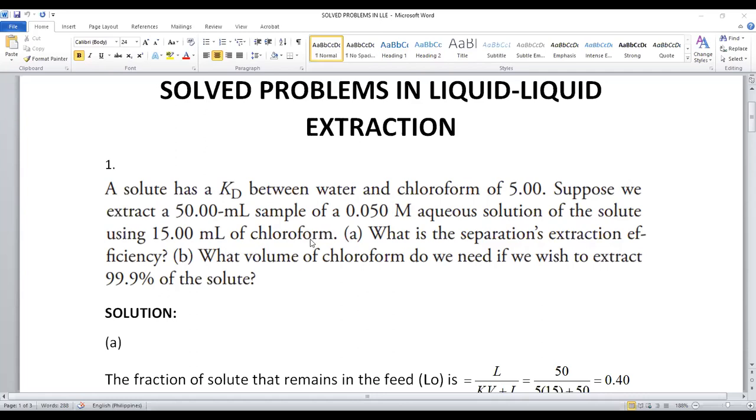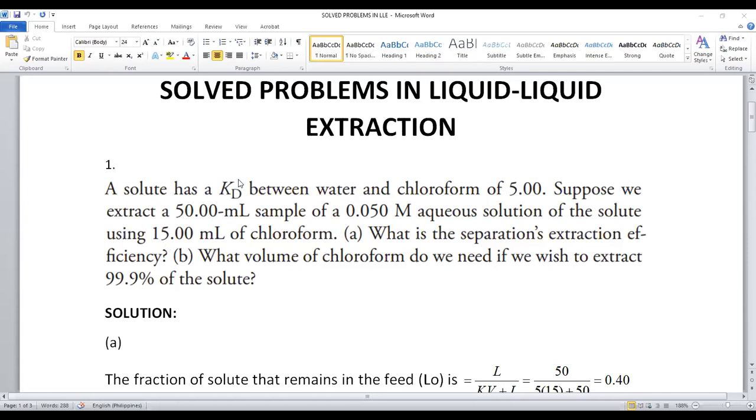In this statement, I'm already reading the second statement. The 50 ml here is the amount of the feed, so this is L. Suppose we extract a 50 ml sample of this concentration of your solute using this organic solvent, which is chloroform. This is L, 50 ml. This is V, 15 ml.